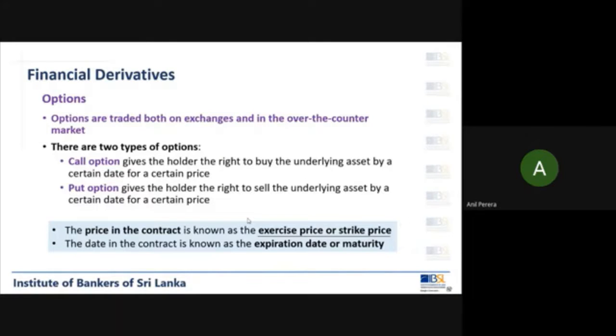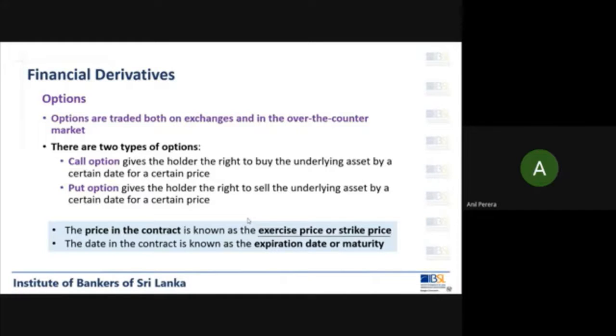Now, in this case also, you enter into the contract today and consider the price today. But compared to forwards and futures, in this instrument, the parties have some right to buy or sell the asset.